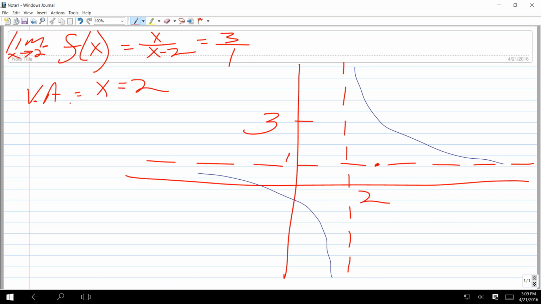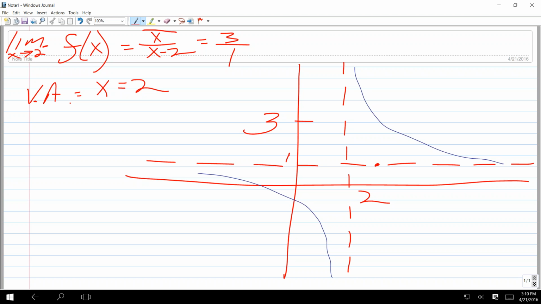It goes to negative infinity. Exactly. What happens to it as I approach 2 from the right? And then that would be positive infinity. Okay. What's the limit at 2? It wouldn't exist because they're not the same. Correct. You got everything about that right. Okay.